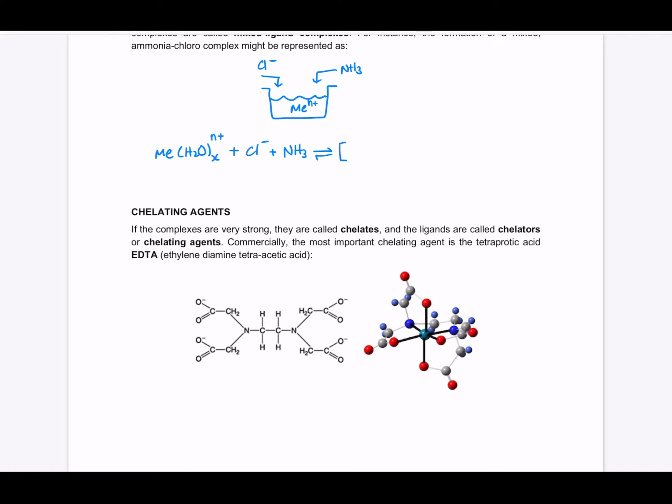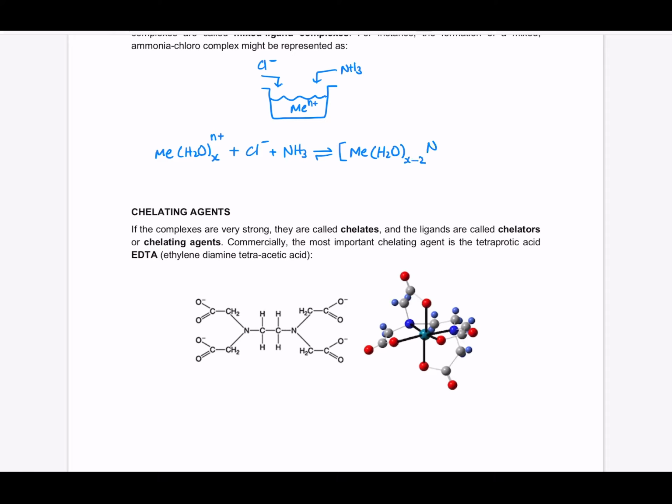What would be the complex if we replace water with both Cl⁻ and ammonia? But still we have some water. So let's say we're not removing that water from the notation. How many waters do we have now? x minus 2.